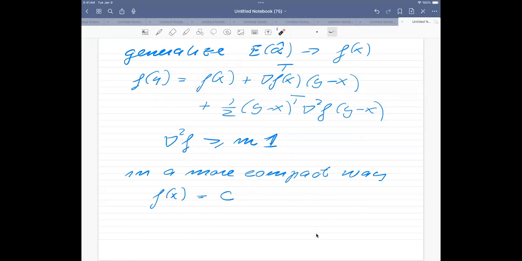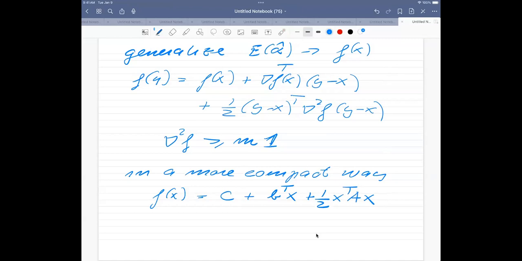It's just a number. f of y is a scalar. So there's a constant plus a vector B transpose times a vector x, which is the unknown quantity we want to determine, plus 1/2 times x transpose times a matrix A times x. The matrix A represents the second derivatives in our case.